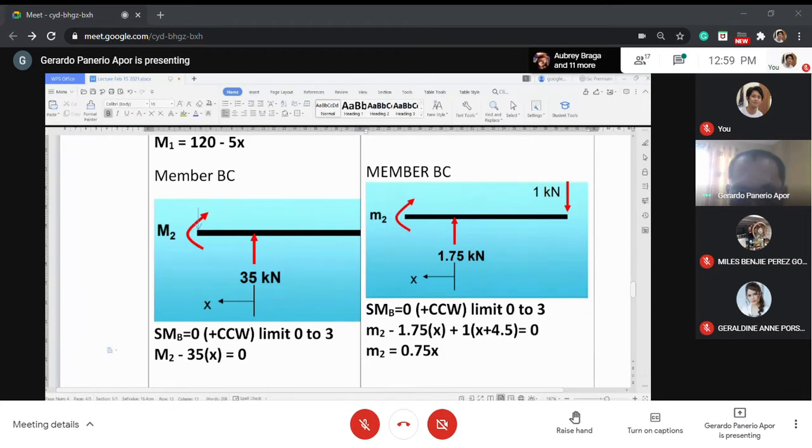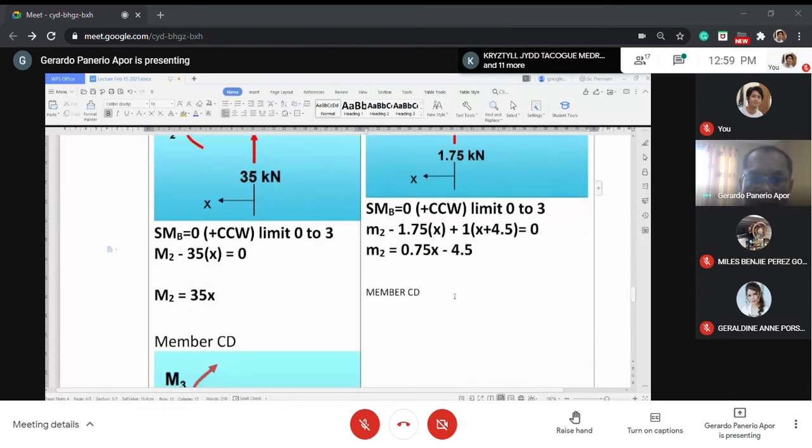Minus 4.5, because this one positive transferred to the other side becomes negative 4.5. This is 1x minus 1 minus x plus 1.75 equals positive 0.75x. So that's it.